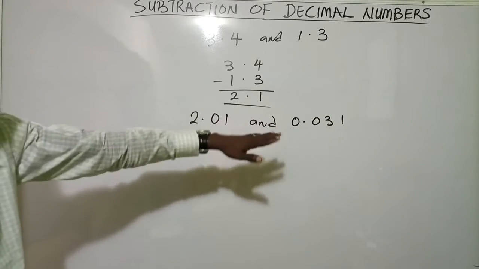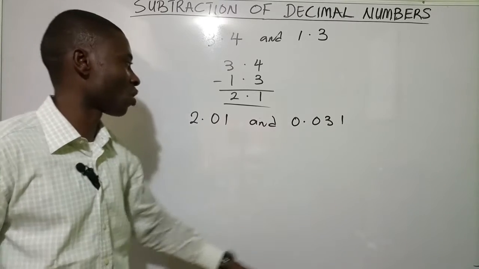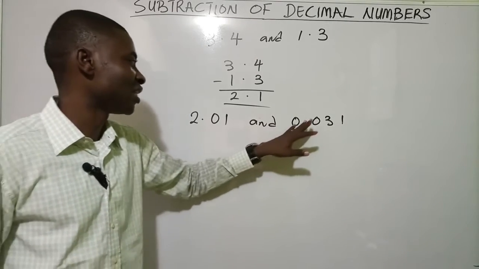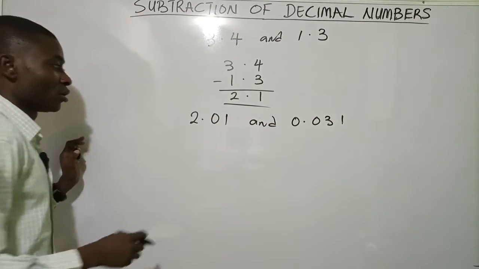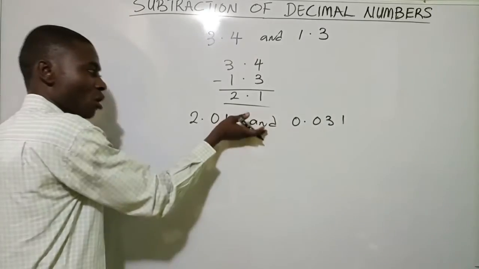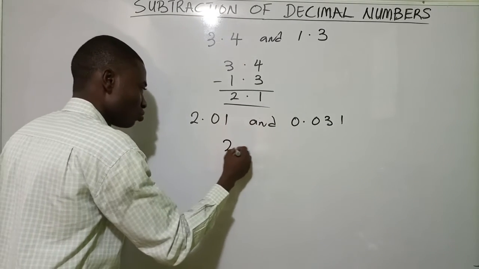It says you subtract 2.01 and 0.031. Or the question says, what is the difference between 2.01 and 0.031? What will you do? Again, remember, the one that is bigger should be on top, while the smaller one should be down.